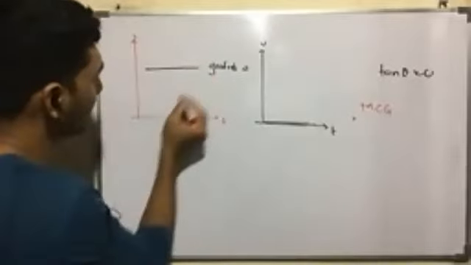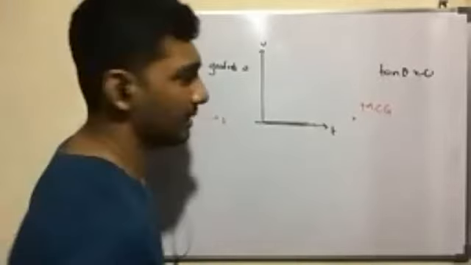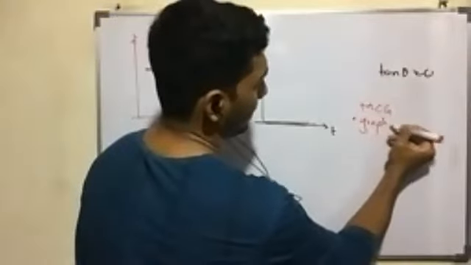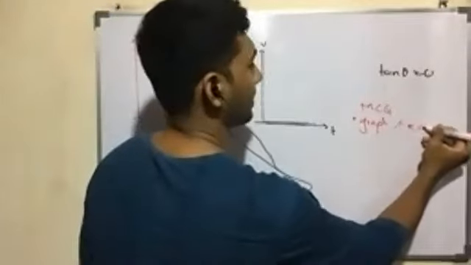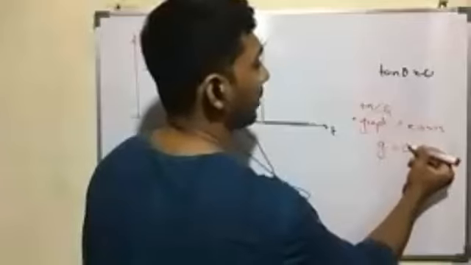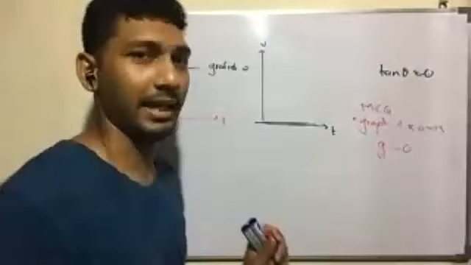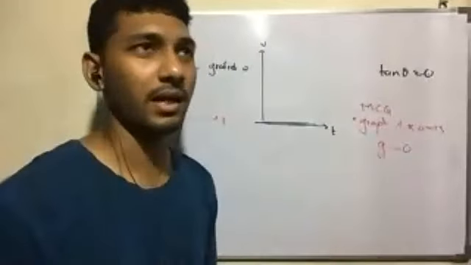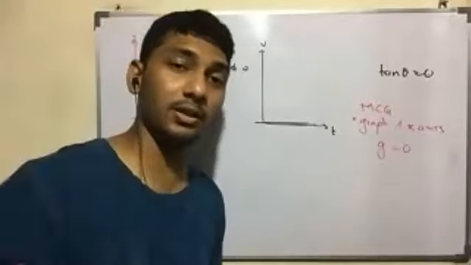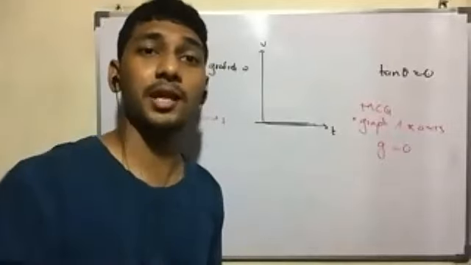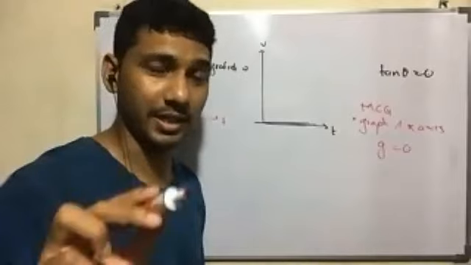If the graph is parallel to the x-axis, the gradient is 0. That is another MCQ idea. Whenever you see the graph becoming parallel to the x-axis, you say that there is 0 gradient.